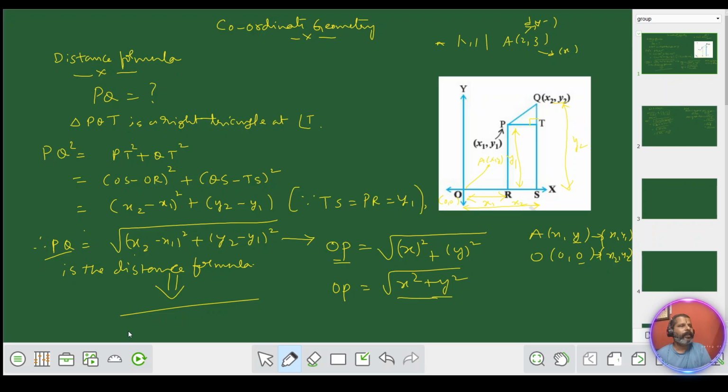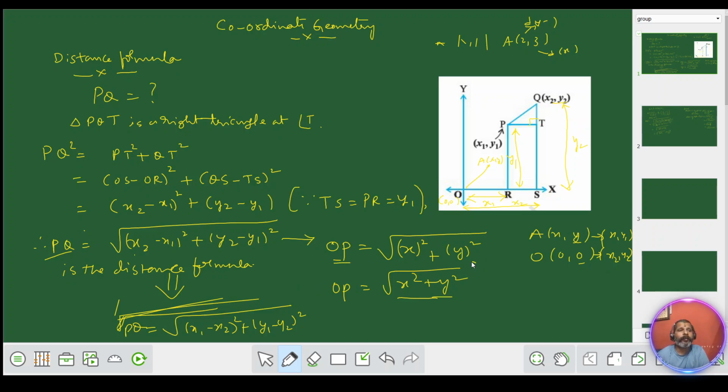Remember that. Either one you can use, whichever is convenient. This is the formula for the distance between the 2 points.